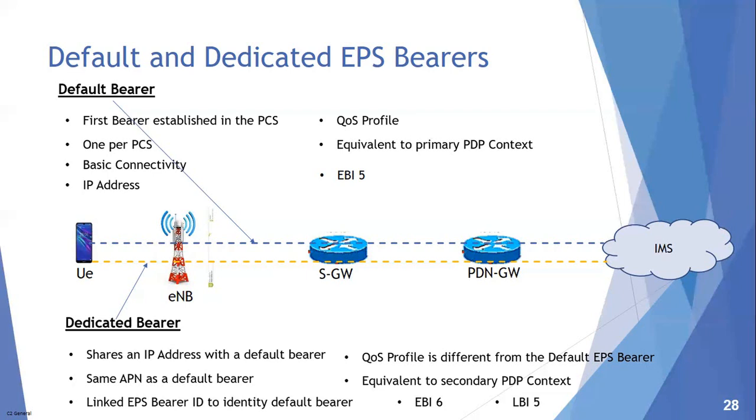So all of this is determined by the quality of service profile, which I put on the default bearer. So any default bearer has a specific quality profile and has an IP address taken from the APN that I will connect on. So these are the parameters found in the default bearer.